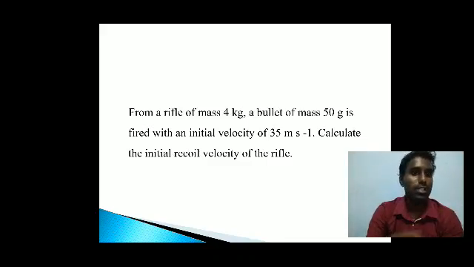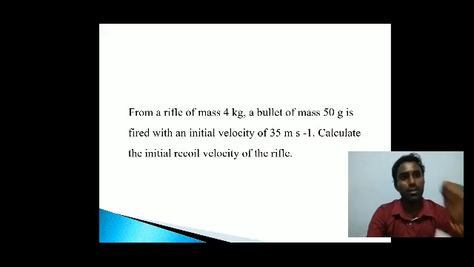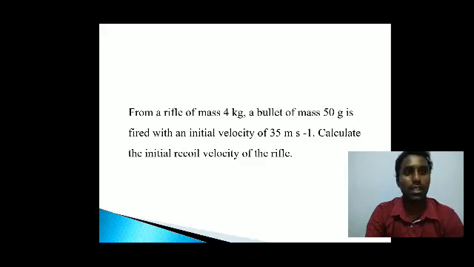Identify the two objects, that is the first step: gun and bullet, that means rifle and bullet. What is the rifle mass and its initial velocity? What is the bullet mass and its initial velocity? Once it is fired, there will be some recoil velocity at the back side. That recoil velocity we have to find.